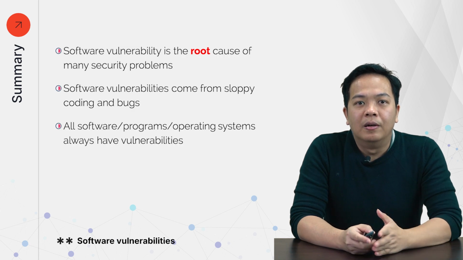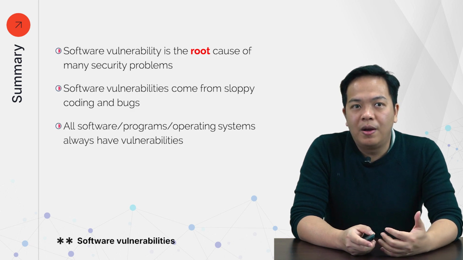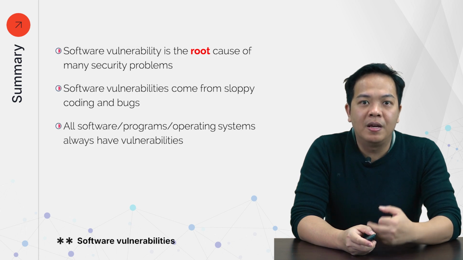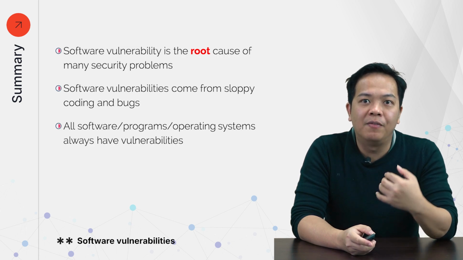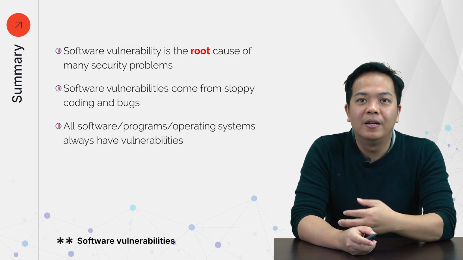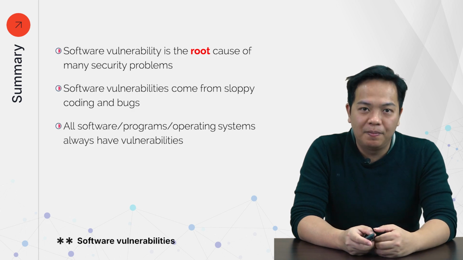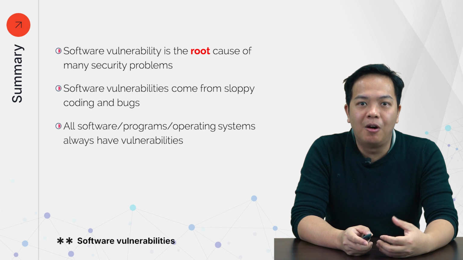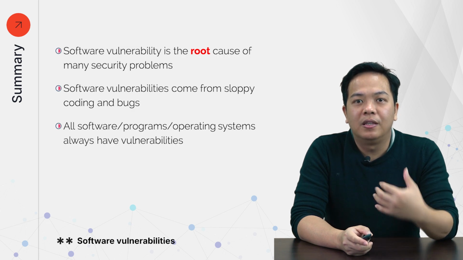And the last thing, I emphasize, any software, program or operating system always has vulnerabilities. That's why we need security experts, and security is still a very hard problem in future, not just for now.